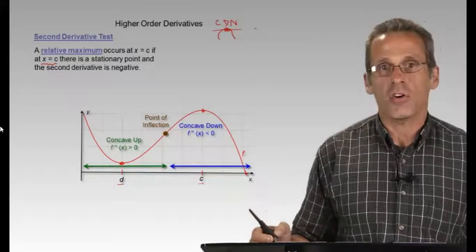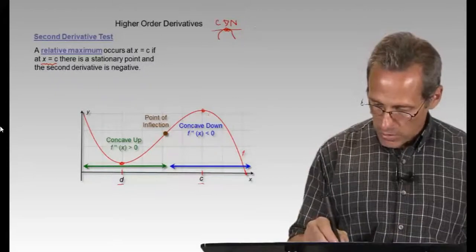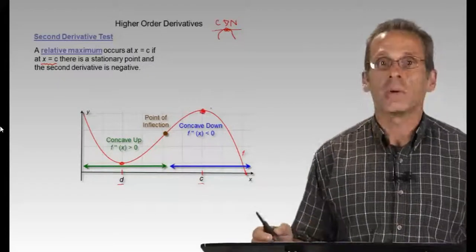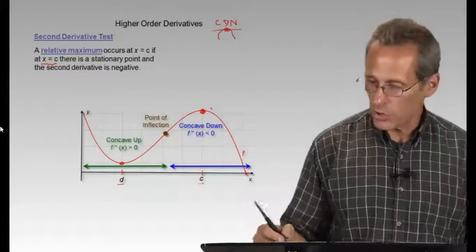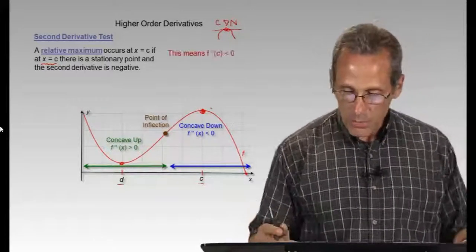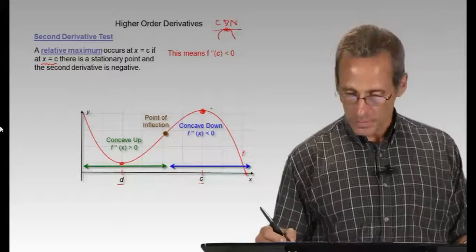Where's the only spot to have a horizontal tangent on that shape? That would occur at our relative maximum. You can probably look ahead and decide what we're going to talk about next, right? But that means that the second derivative evaluated at C is negative.